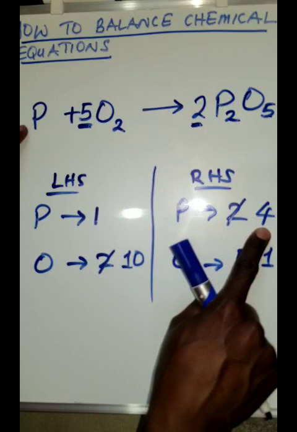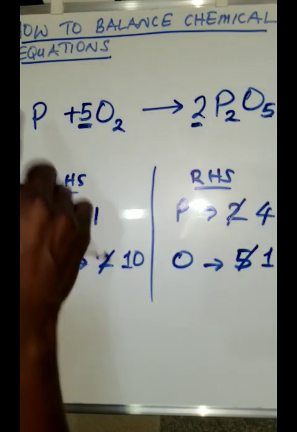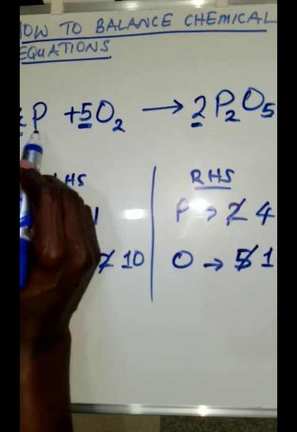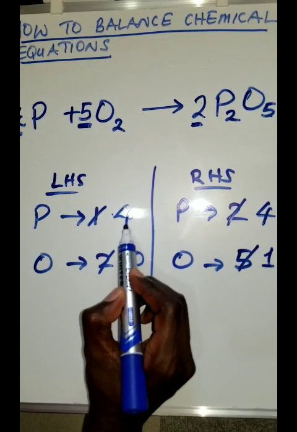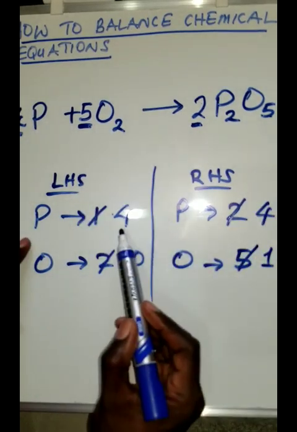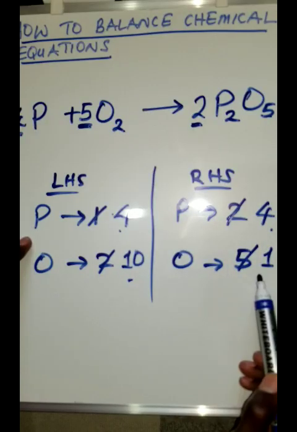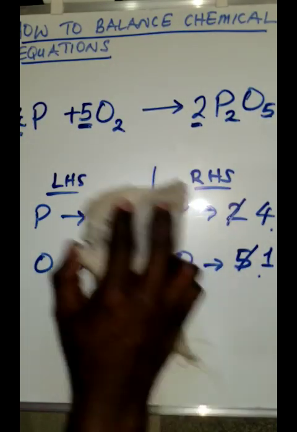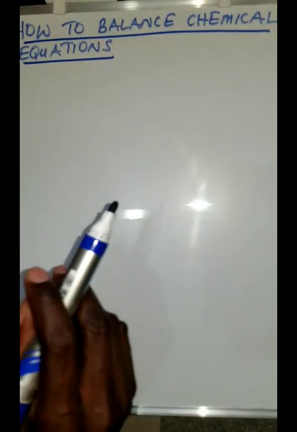So what number should you put in front there? Remember, there's a 1 there, so you need just to put up a 4. 4 times 1 that you cannot see there, that is actually going to give you a 4. So if you notice, 4, 4, 10, 10, it simply means that the equation is what? The equation is balanced.